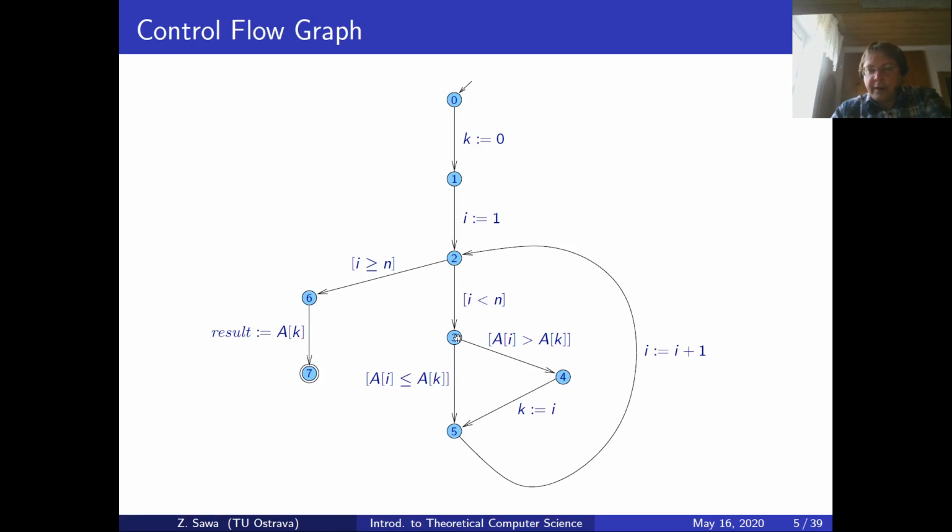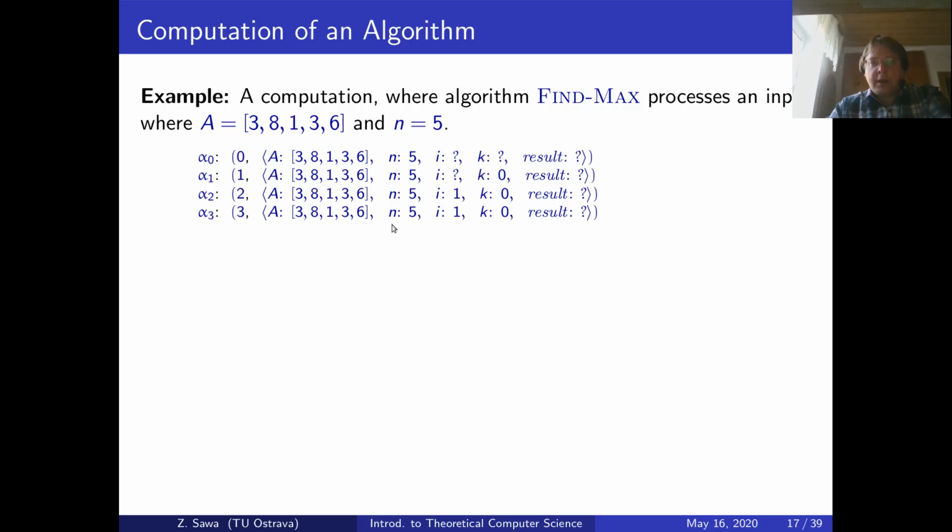In state 3 we have another condition. We will test whether A[I] is greater than A[K], or if it's less or equal. If we assume that the array is indexed starting from 0, the value of A[I] on this position 1 is 8, and the value of A[K], if K is 0, is 3.